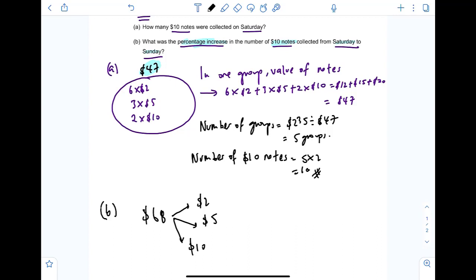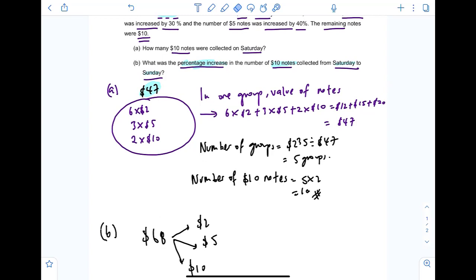Now to do this, we will investigate what is the original number of $2 notes collected. We know that in one group on Saturday there's 6 of it, so we have 5 groups. So talk about Saturday first.